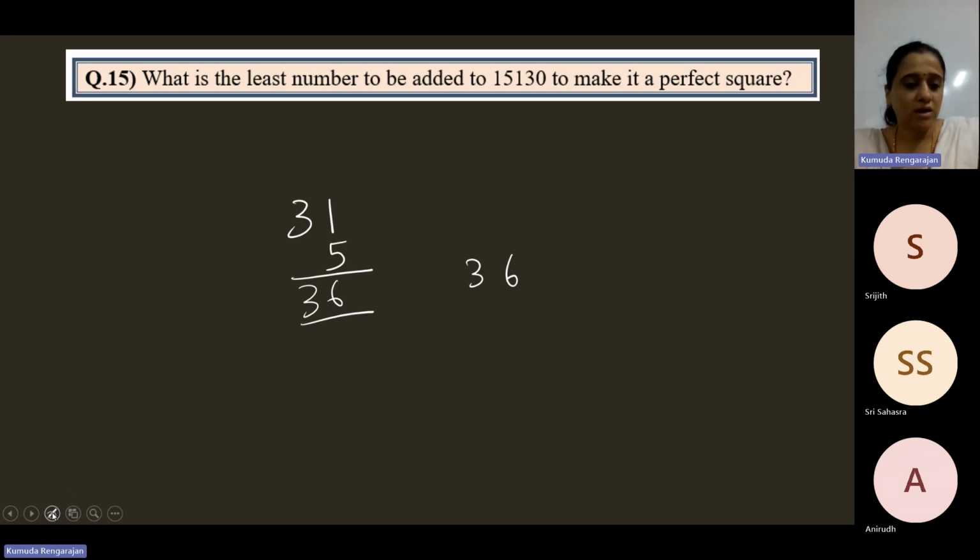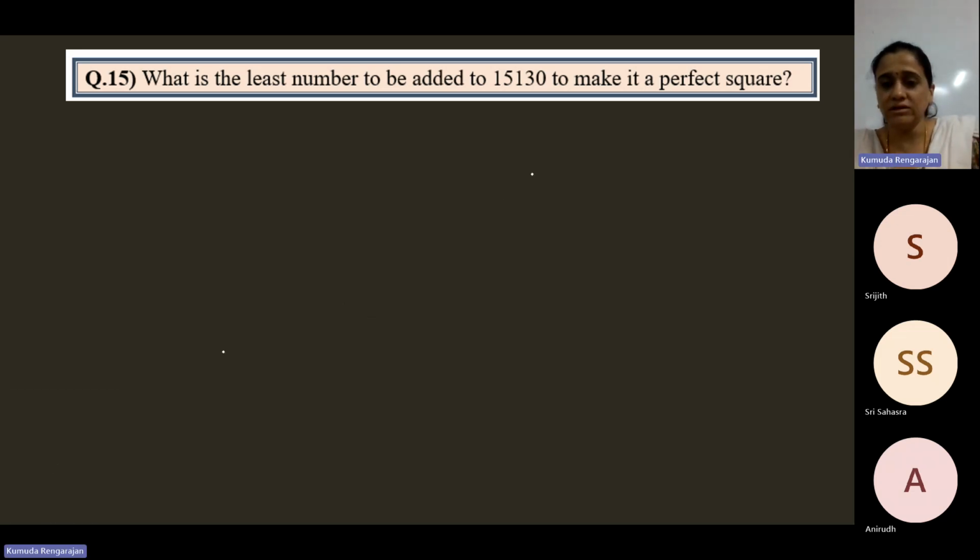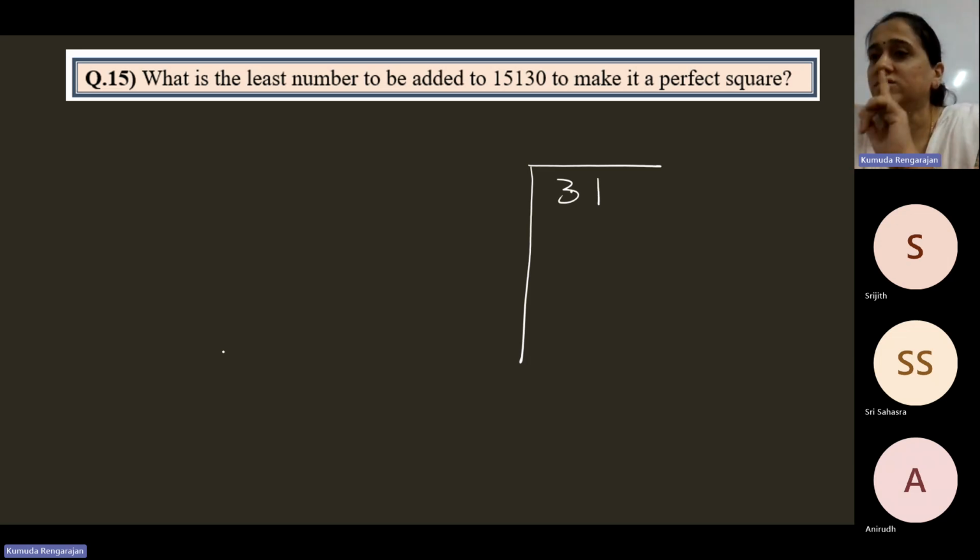Now, listen carefully. To find the least number to be added or subtracted, you need to use the long division method. To find the least number by which it should be multiplied or divided, you should use the prime factorization method. You will get 4 types of questions.